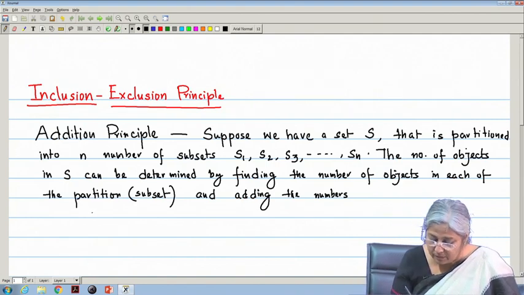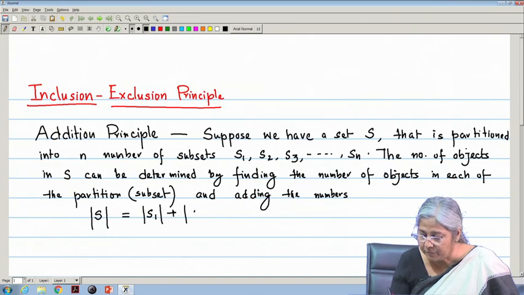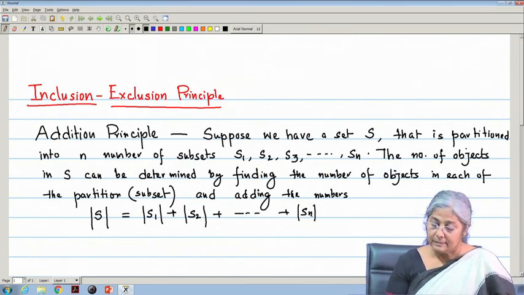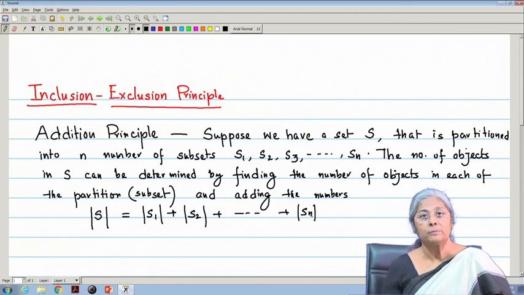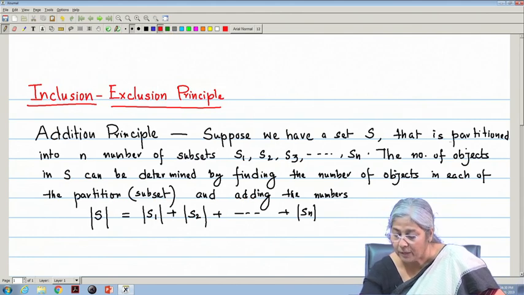That means the cardinality of S, the number of objects in S, is the cardinality of S1, plus cardinality of S2, up to the cardinality of Sn. Now, this is true because the addition principle works since these Si form a partition, that is, it is partitioned.